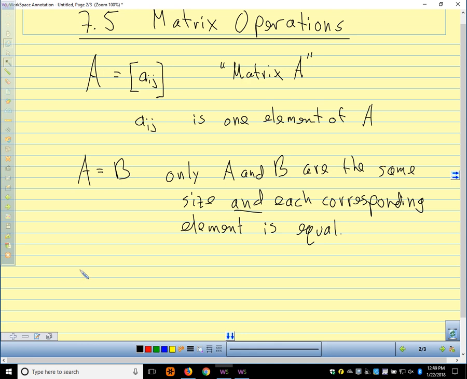To add or subtract matrices, A plus or minus B, they need to be the same size, and we add or subtract corresponding elements.